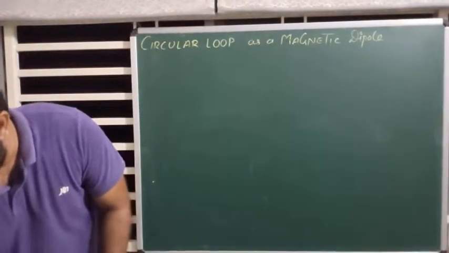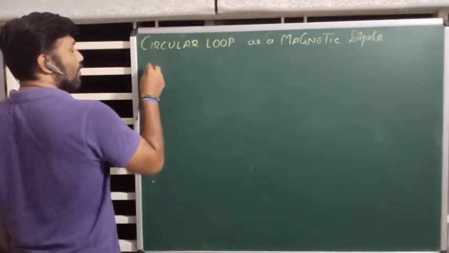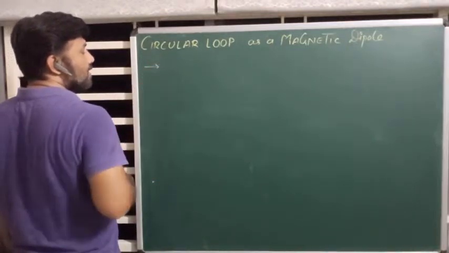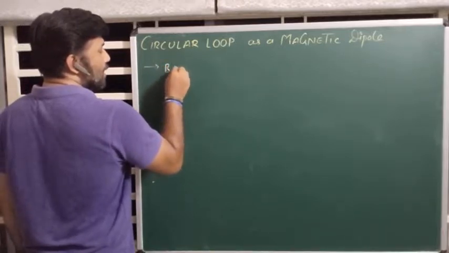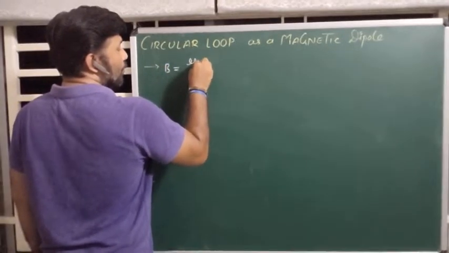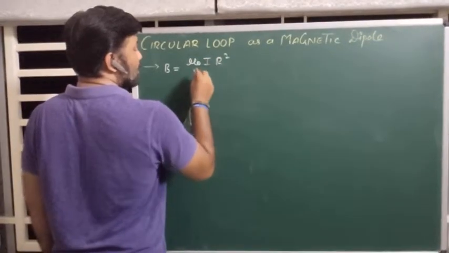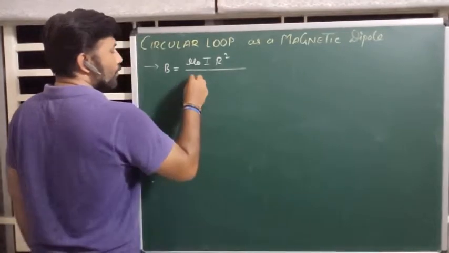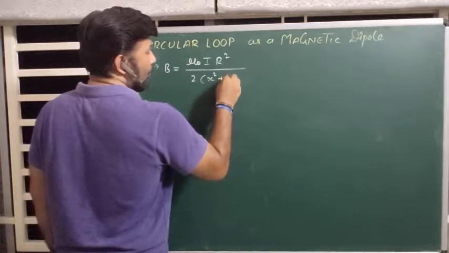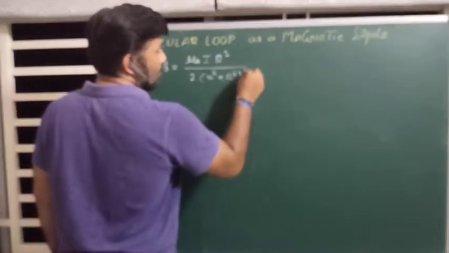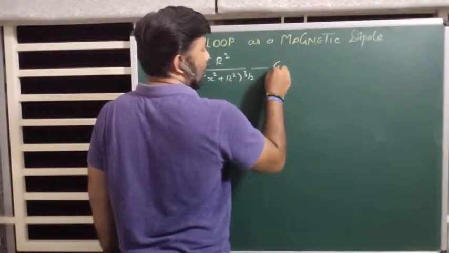In that theory, which equation did we obtain? B is equal to mu 0 I R square upon 2 times (x square plus R square) raised to 3 by 2. Equation number 1.